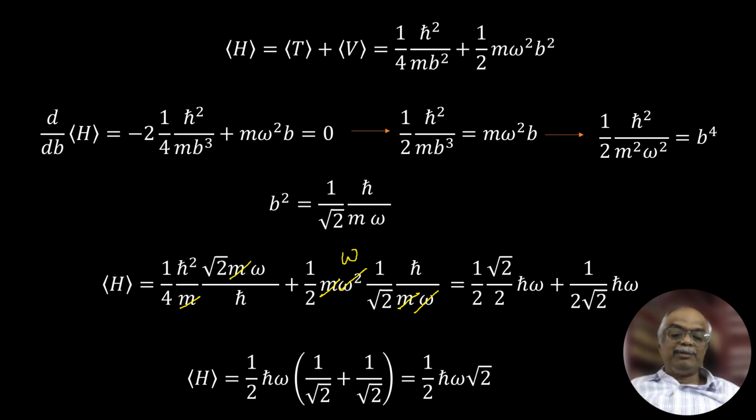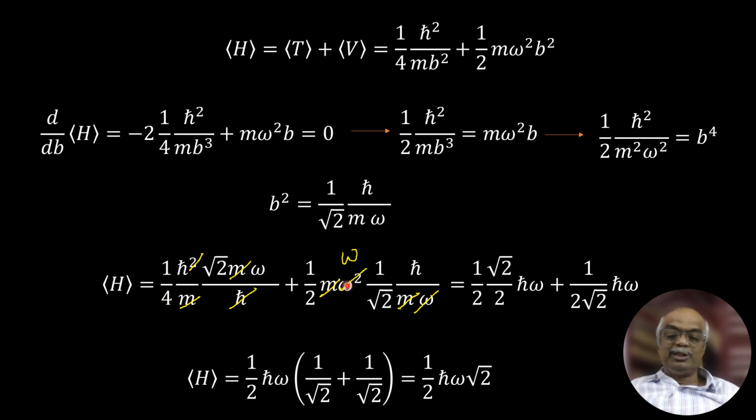That is, this can be written as 1 over 2, then square root of 2 divided by 2, because I am taking this 4 as 2 into 2. So naturally this is 1 over 2 times square root of 2 divided by 2 and h cross omega, because this h cross will get cancelled with the square. So naturally here you have h cross omega, h cross omega.